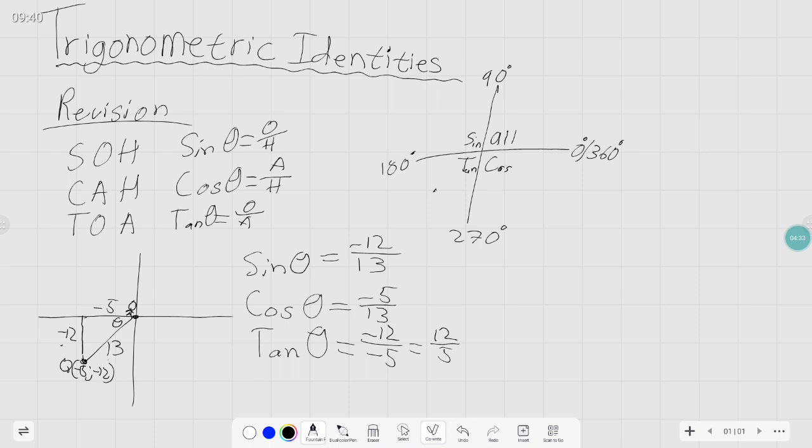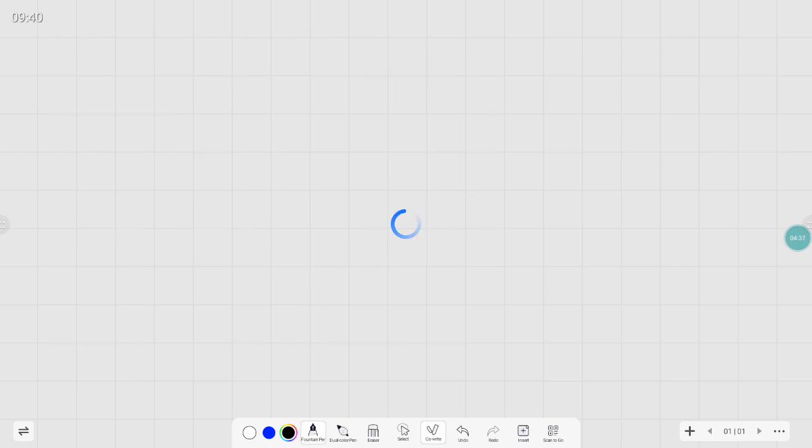Now, let's do the type of question you would have had in grade 10. They will just give us the information. Cos of theta equals 8 over 17. And they will tell us that sine is smaller than 0.